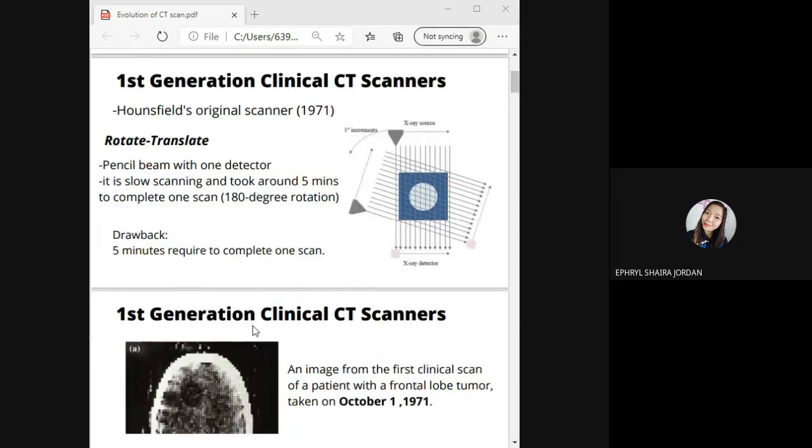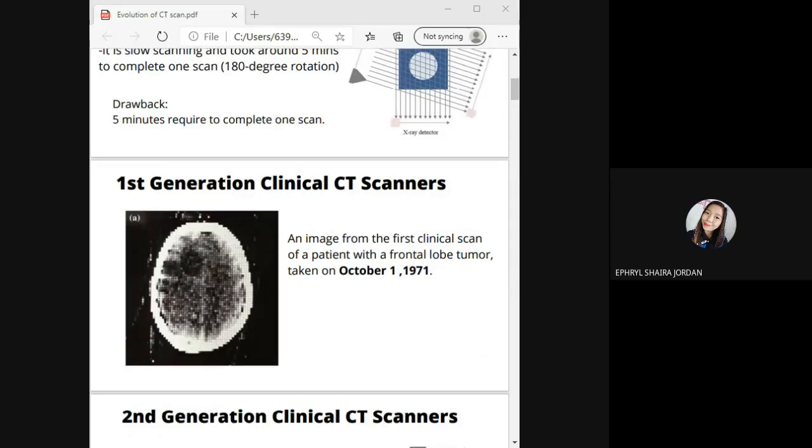So the first generation scanner represented a good proof of concept for CT as a technology. But, as demonstrated by the poor quality shown in the brain scan image, the scanner was limited in its ability to provide a representation of the patient's internal geometry.